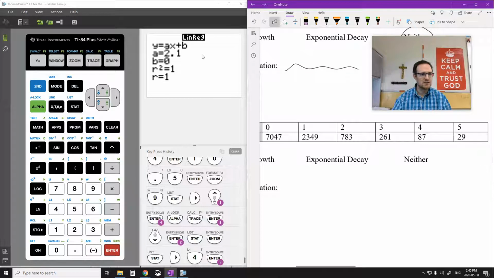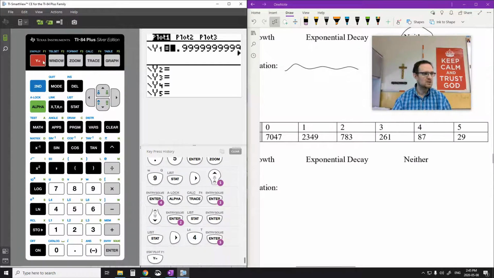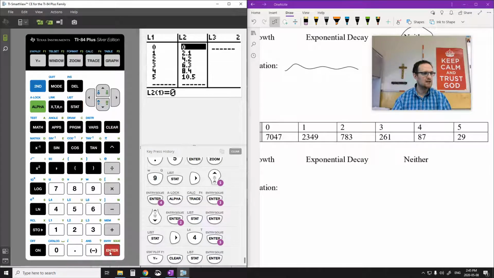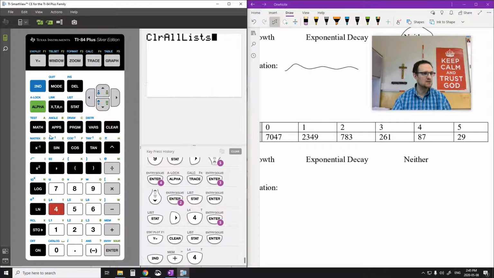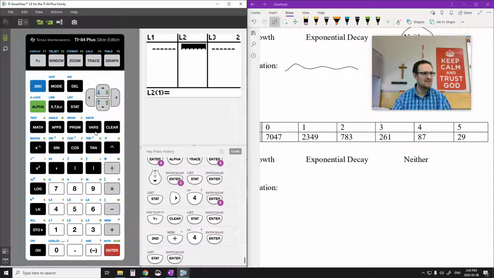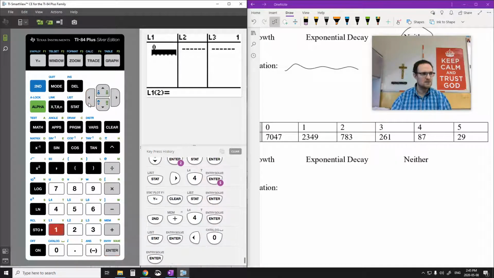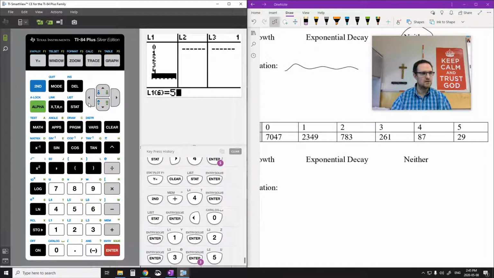Okay, so let's double check this last one here. It looks like if it's going to be an exponential, it's going to be decay. The numbers are getting smaller. Let's double check. Stat, edit. Oh, I got stuck in here. I'm just going to clear those out first. So second plus number 4 clears that out. So let's go back to stat, edit. 0, 1, 2, 3, 4, 5.